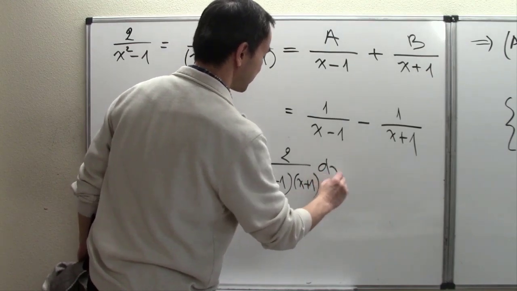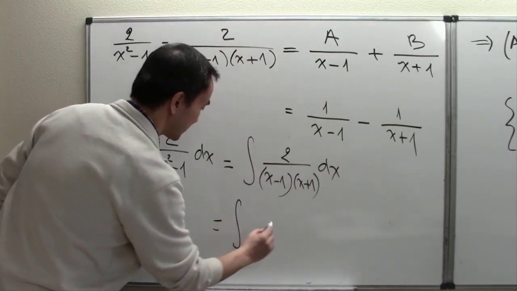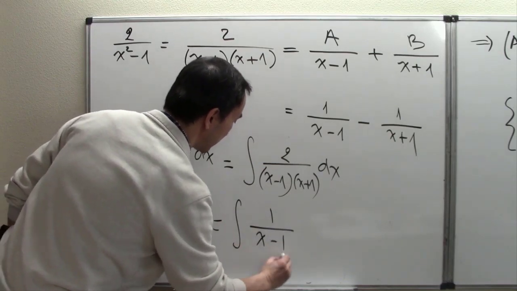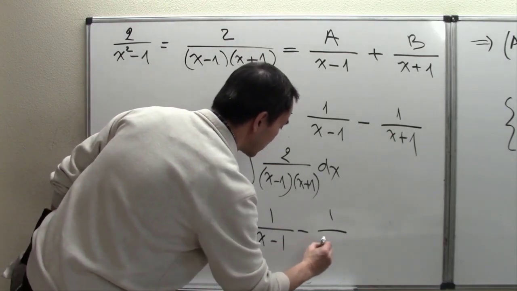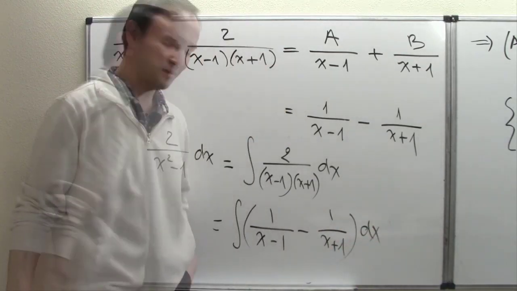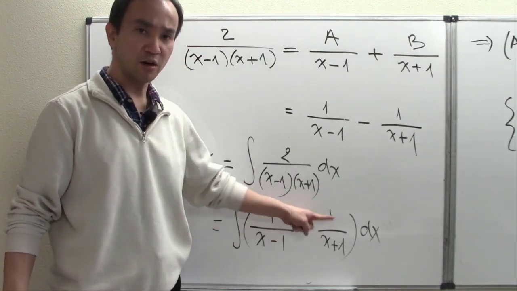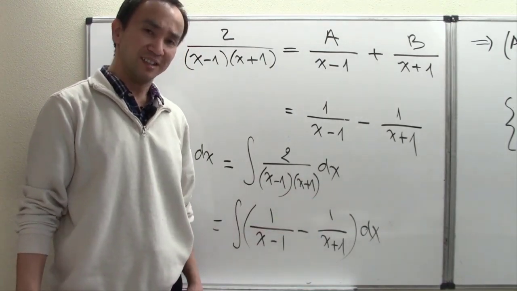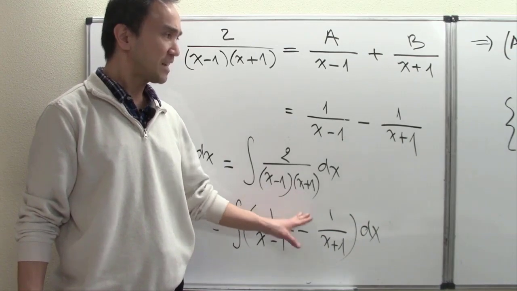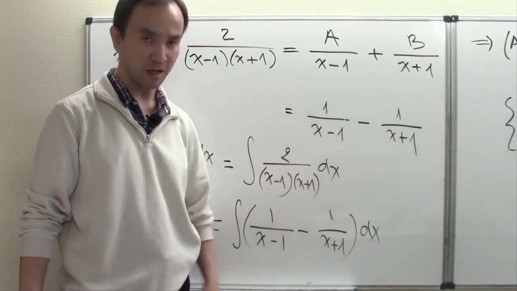And then I further turned that into 1 over x minus 1 minus 1 over x plus 1. That's how I knew it. That's how it's done. From this point on, we take the integral of each one of the separate terms. That's the method we call the partial fraction decomposition method.